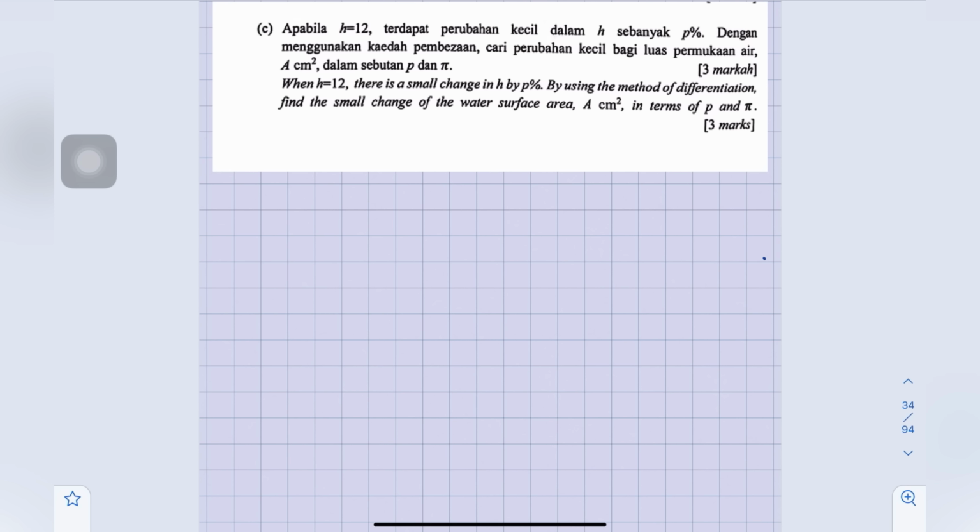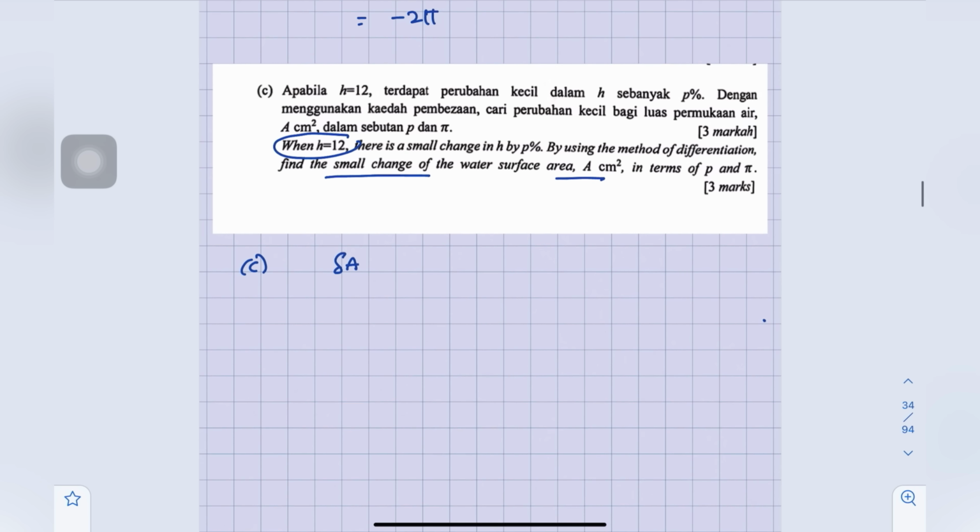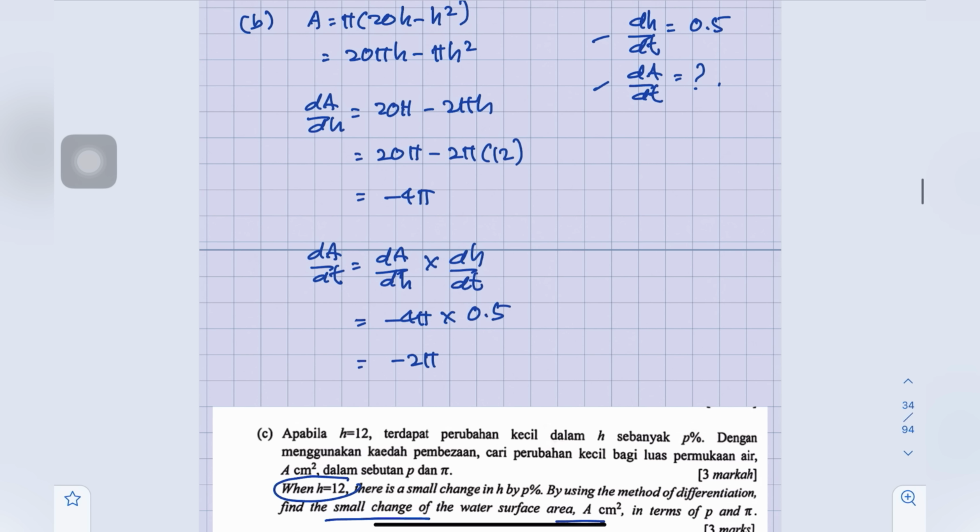C. When h equals 12, there is a small change in h by p%. By using the method of differentiation, find the small change of the water surface area A centimeter squared in terms of p and pi. Okay, so the clue is we are going to find the small change of A, which is delta A. Previously in B, when h equals 12, dA/dh equals negative 4 pi.